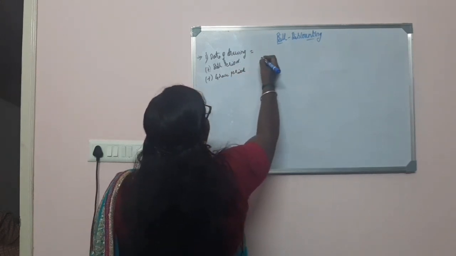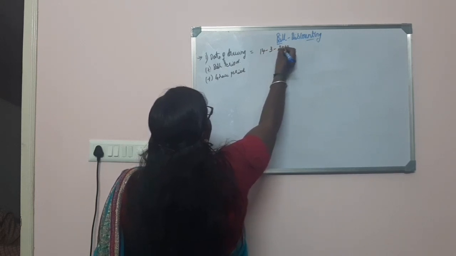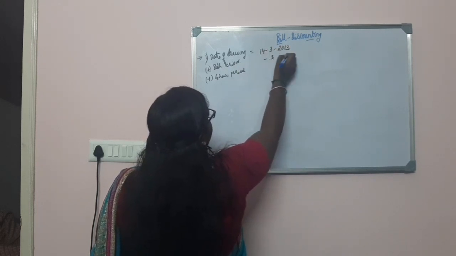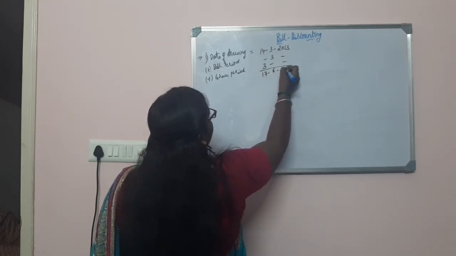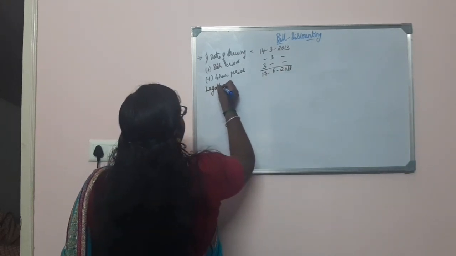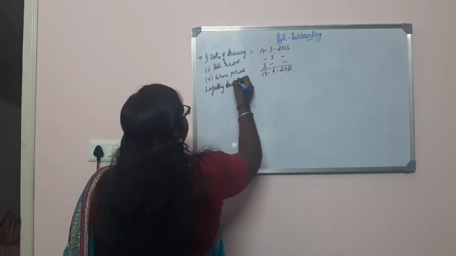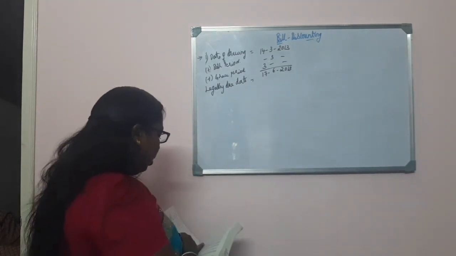Date of drawing is 14/3/2013 and bill period is 3 months. Grace days is 3. So when you add, you will get 17/6/2013. This is your legal due date.